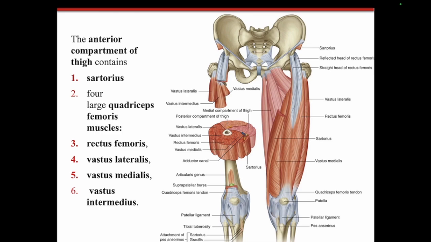Extensors of the knee, if they act on the knee. So you have the sartorius and the quadriceps, which are basically four muscles: the rectus femoris and the vastus lateralis, medialis, and intermedius.